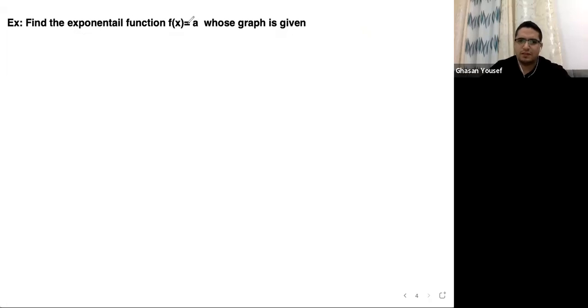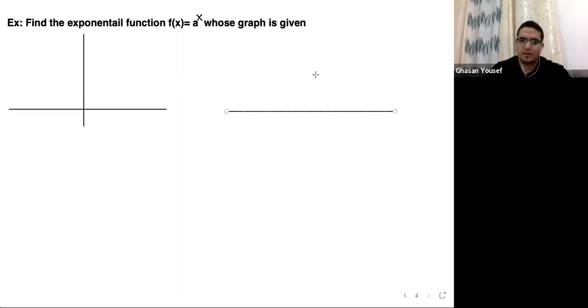Find the exponential function f of x equals a to the power x, whose graph is given. So suppose my graph looks like this, and here is the second curve. The graph of the function is something like this.